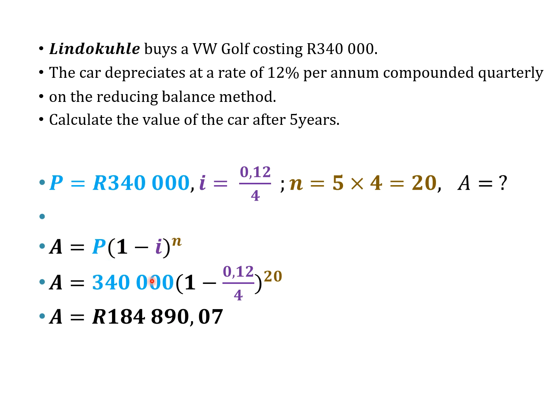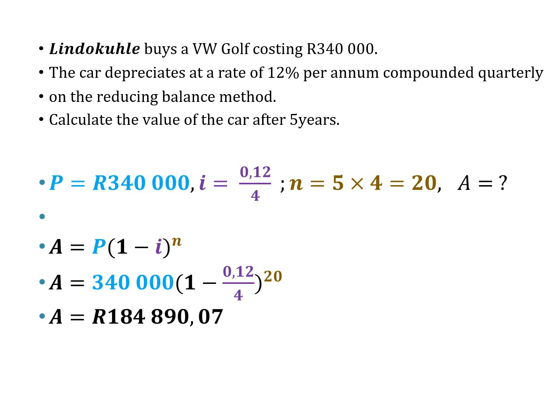So 340,000 times (1 minus 0.12 over 4) to the power 20. After 5 years, my VW would be 184,890 Rand 7 cents. That would be the value of the VW after 5 years.